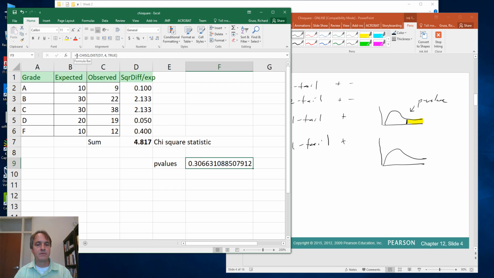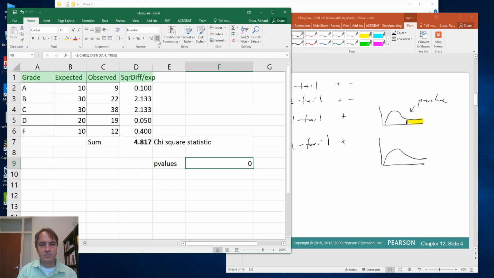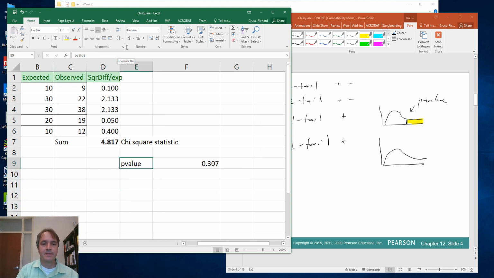Let me chop off some of these decimal places so that I can read it a little better. Okay, so p-value. What this is telling us is that the difference between the observed and expected has a 31% probability of occurring by chance.